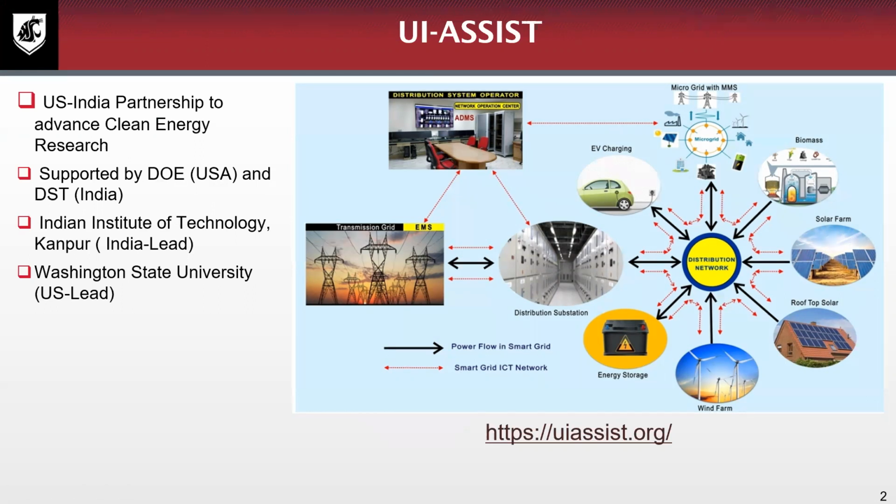I've been here at IIT Kanpur for the last 5 days, discussing with professors and students, and also looking into future collaborations if possible. UI ASSIST is mainly on modernization of distribution power systems, in terms of control, in terms of communication, and also looking into how robust we can make it.